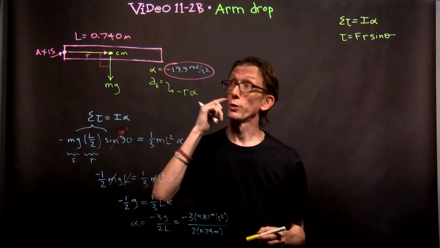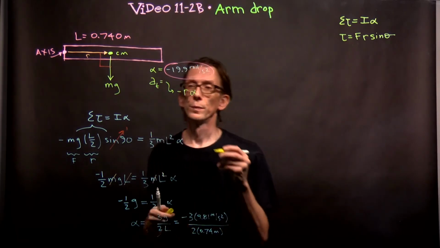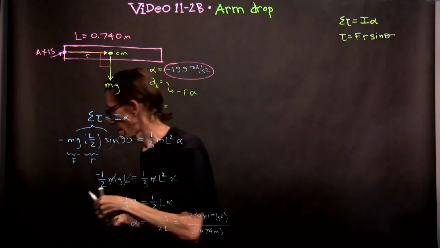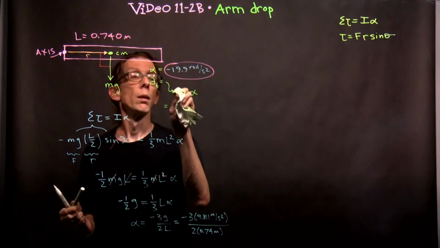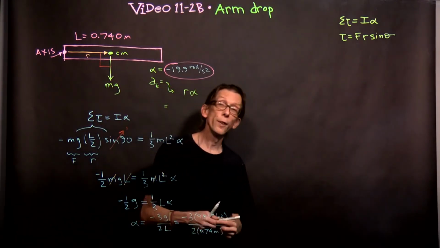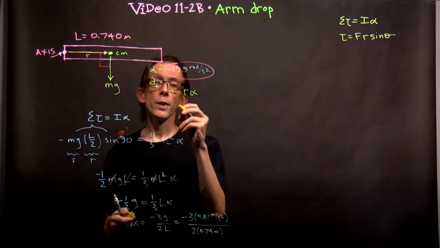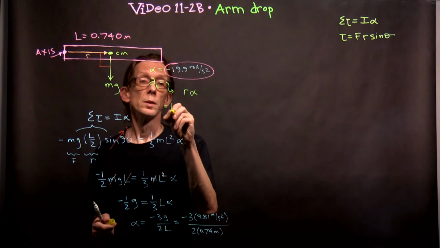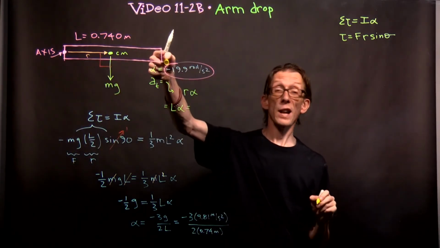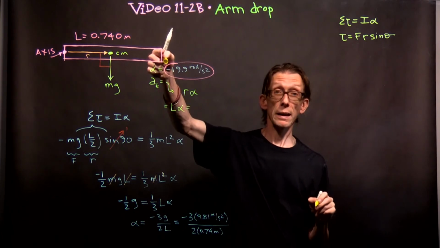So r is just equal to 0.74. It's equal to L. So there should be no negative sign there. I'm not sure why I put a negative sign there. Tangential acceleration is r alpha. R is just going to be L, times alpha, because we're asking for the acceleration out here of my hand.